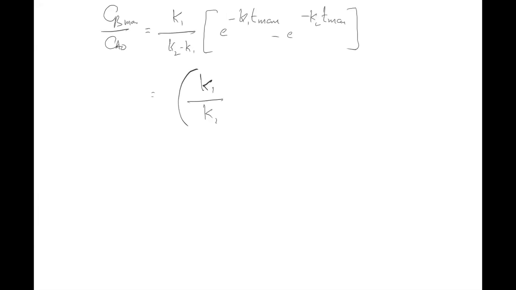Now CB max by CA naught is equal to K1 by (K2 minus K1) into (e power minus K1 into T max minus e power minus K2 into T max). So what you get after solving this equation is K1 by K2, whole power K2 by (K2 minus K1). So if you solve this equation, you will get this term CB max by CA naught.